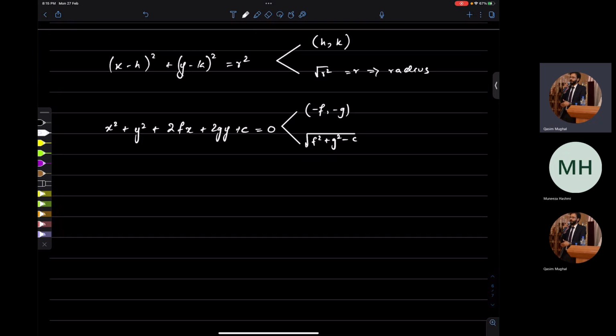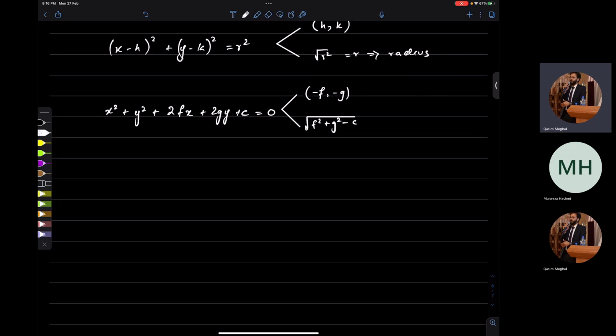Okay, now before we proceed further, we will be requiring prior knowledge, which you already have, but I'm just going to quickly go through it. If I give you 2 points, let's say point A and another point B, and I want you to write down the equation of the perpendicular bisector of AB.